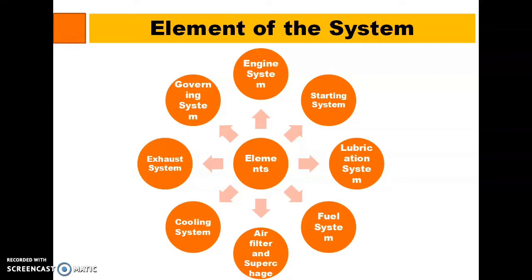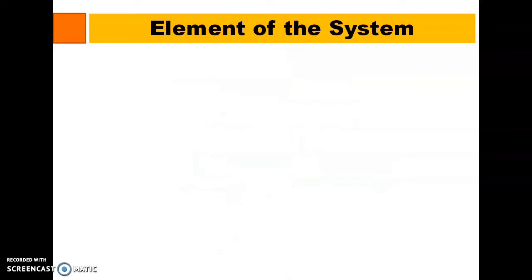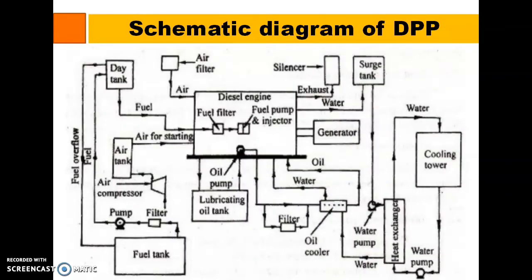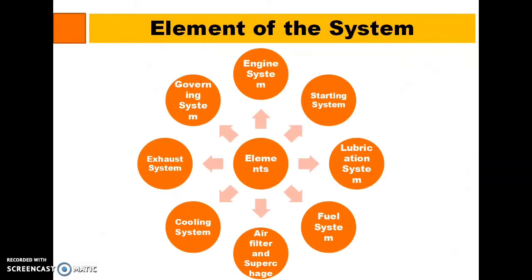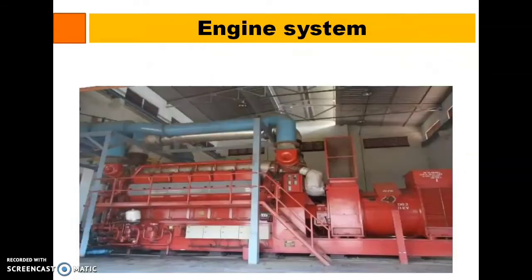Now we'll see the working of the diesel power plant by breaking this schematic diagram into different circuits. We'll see them one by one. The first one is the engine system.